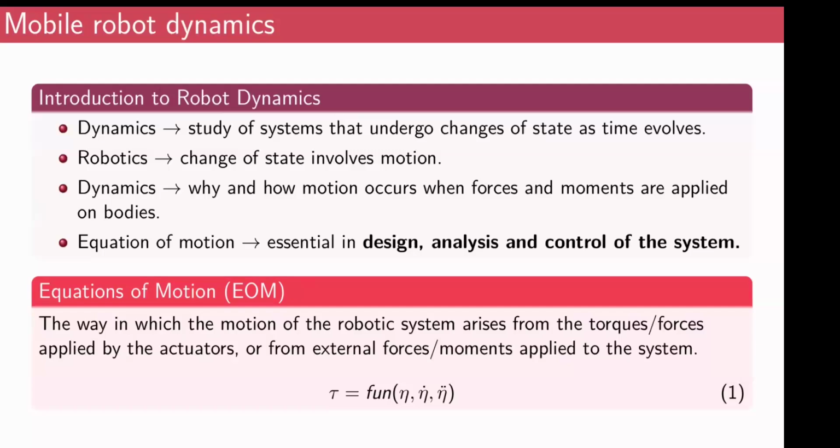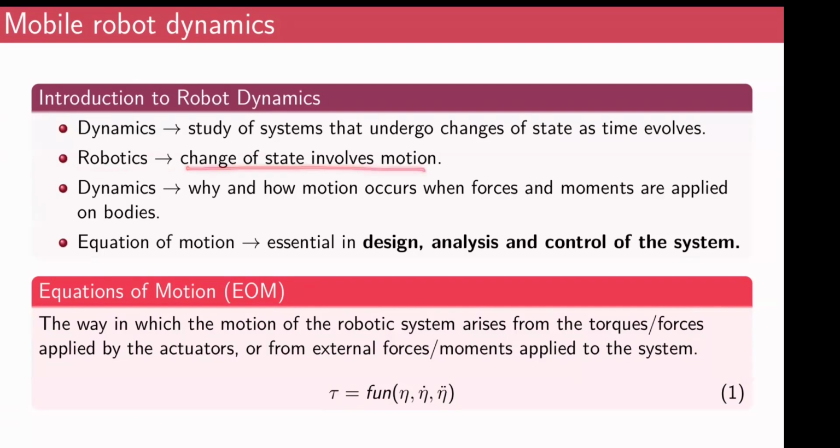And depending on the system, we can use different variables or parameters to define the state of a system. When we talk about a robotic system, you could define the state in terms of positions, velocities, and accelerations. If it is any other dynamical system, maybe an electrical system or an RLC circuit, the parameters could be different. When we talk about robotics, the change of state involves motion.